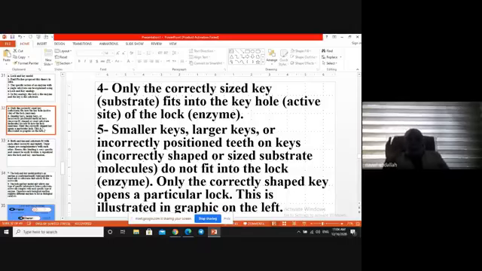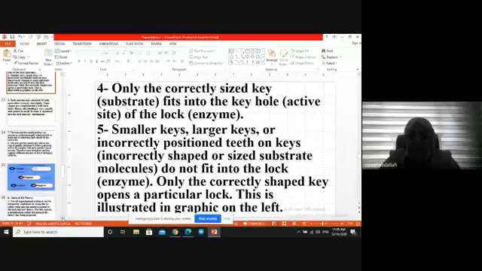Only a specific substrate, a specific key, is complementary for this lock. Only the correctly shaped key opens the particular lock on the enzyme.